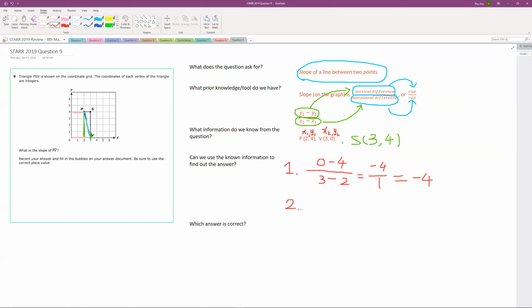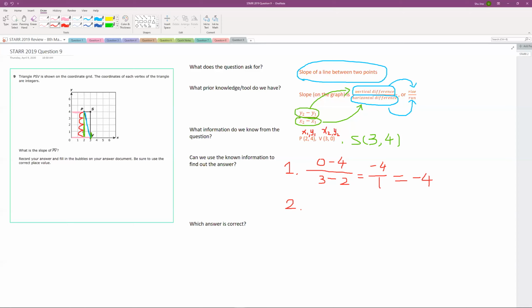We can find out the slope just by observing from the graph. So we know we are looking for a vertical difference and horizontal difference. For the vertical difference, from P to V, the vertical level is going down by 4, right?